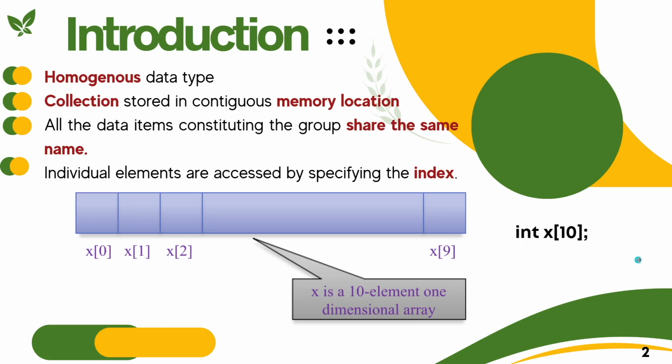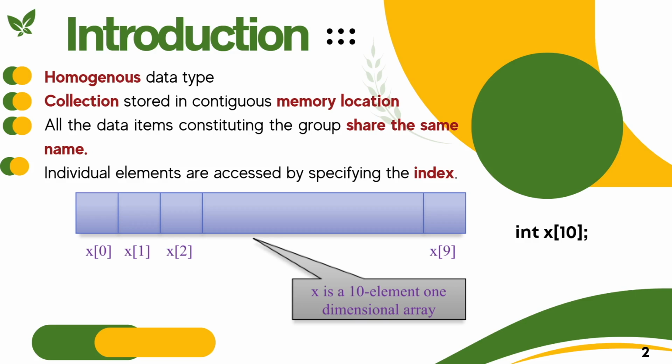Array is an example for linear data structure, and in an array, as I said, it is a list of elements and all the elements will be of the same data type, and so we say that an array is homogeneous. An array falls under the category of data structure which we say as collection, which means it has a bag of elements and all the elements in the array will be stored in contiguous memory location, that is at adjacent memory locations.